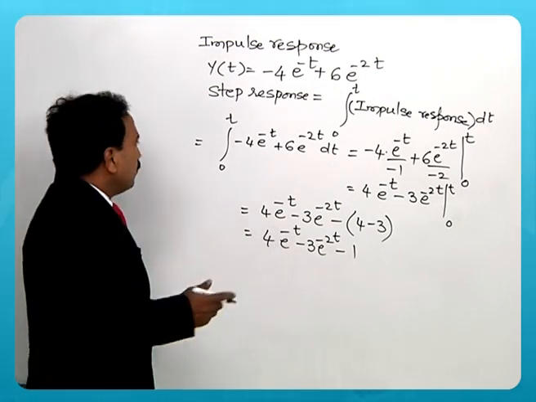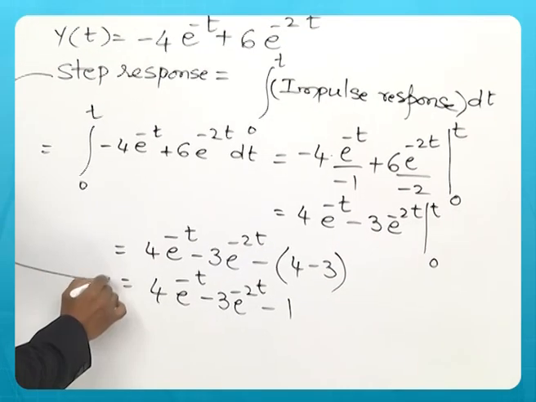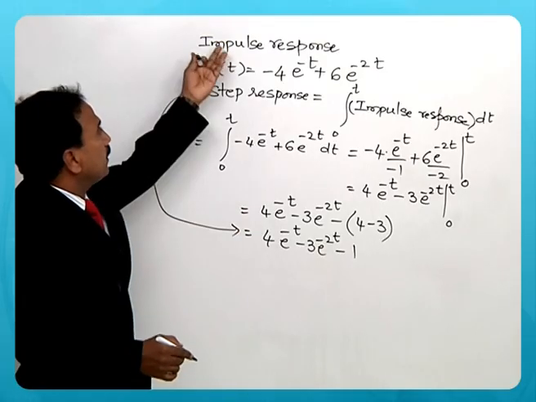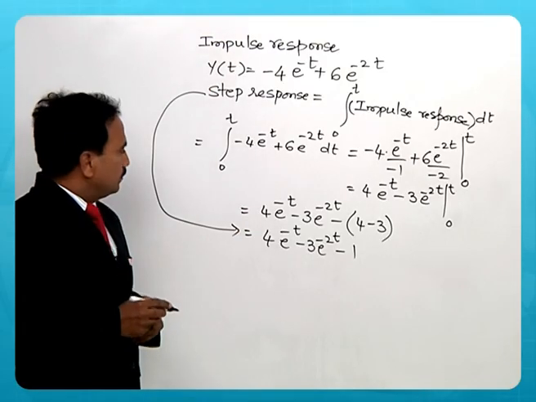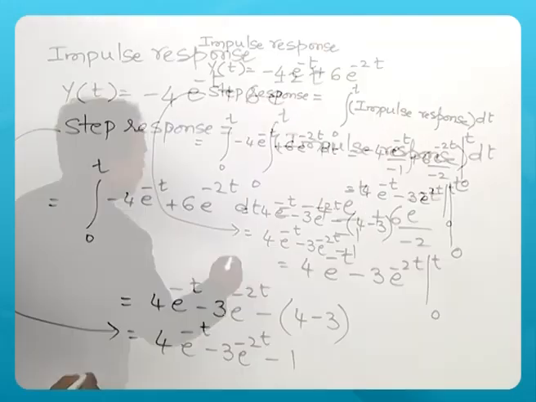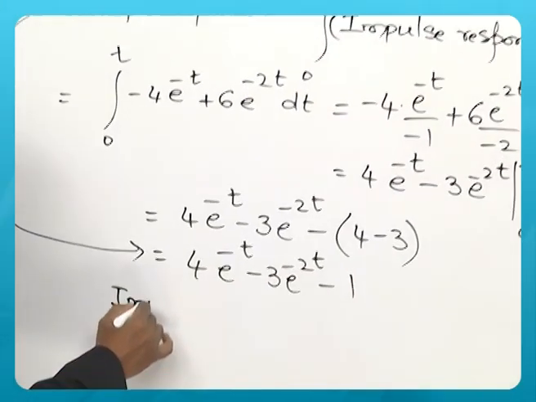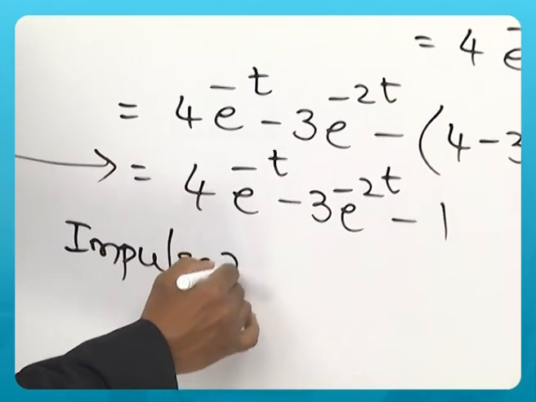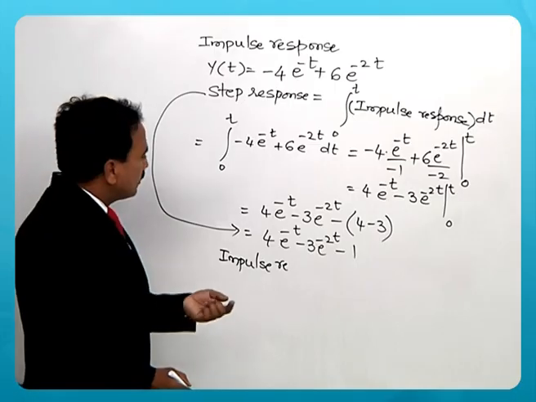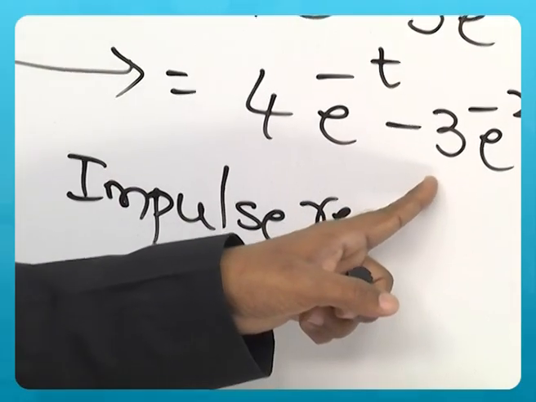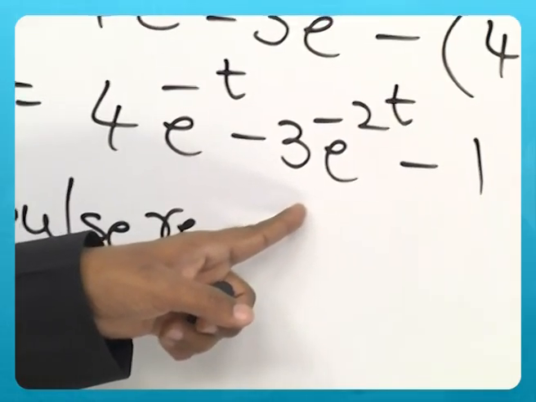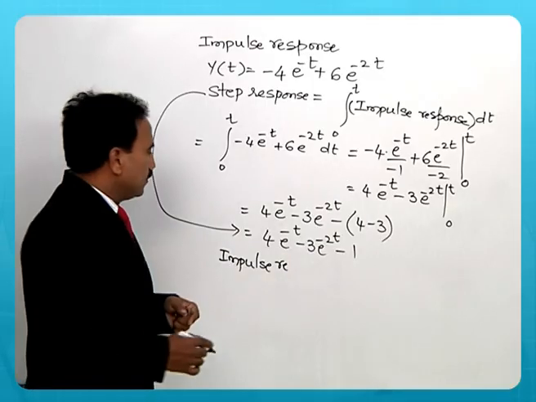Now suppose this is given as the step response, and you may be asked to find out the impulse response. Try to understand that. Now this is given to you as the step response. You are asked to find out the impulse response.